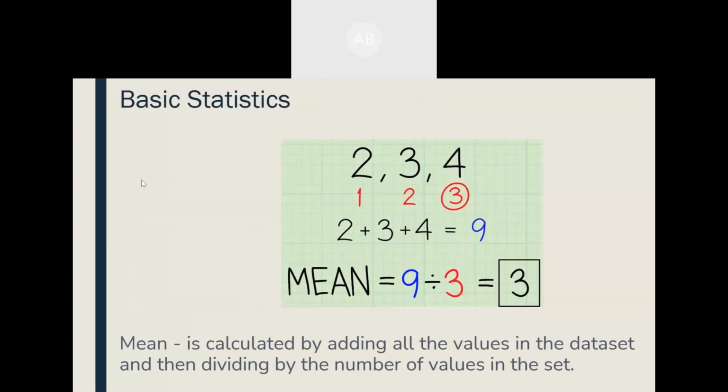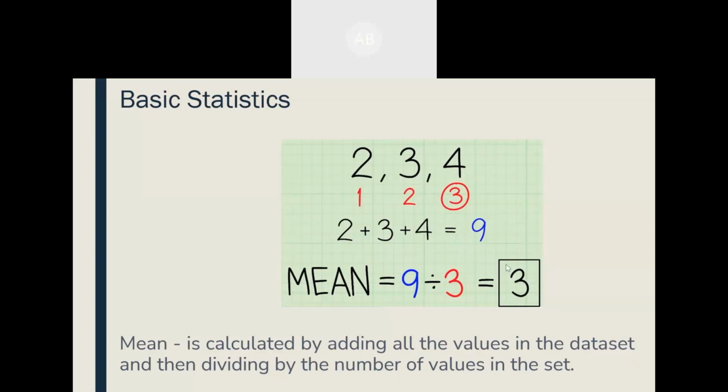Okay. So first, let us start with a very basic thing, that is our mean. What is a mean? We all know, as you see here on the screen. Suppose you have 3 samples out of a population, and those samples have the values of 2, 3, and 4. So you want to know what the mean is. Mean is calculated when you add all these values together and divide by the total number. In this case, we have 3 values, and when we add them, it becomes 2 plus 3 plus 4 is equal to 9.